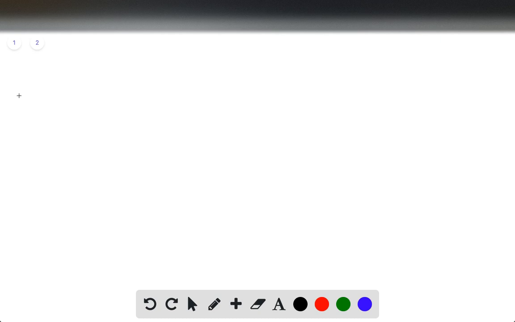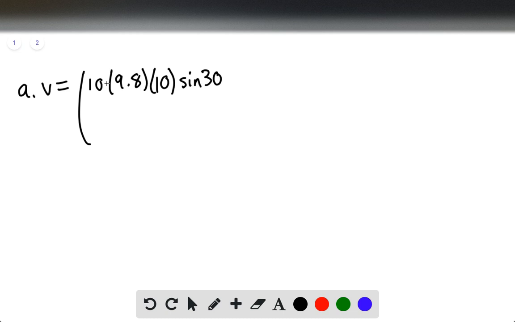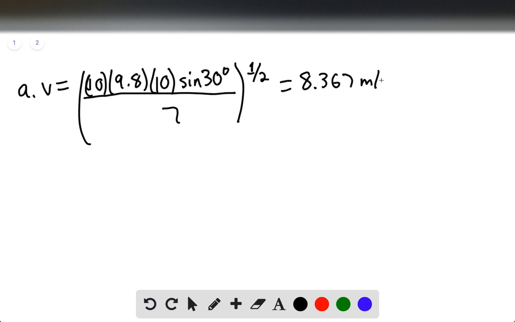So for part A, v is going to equal 10 times 9.8 times 10 times sine of 30 degrees, divided by 7, to the 1/2 power. And this is going to be 8.367 meters per second.